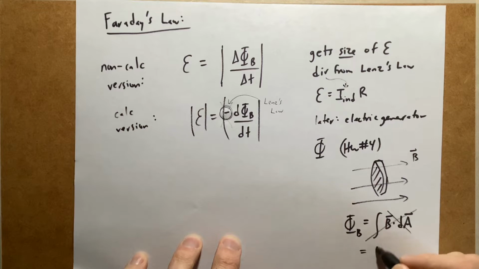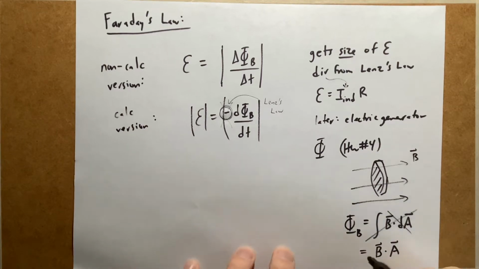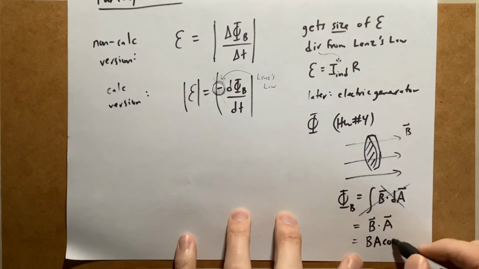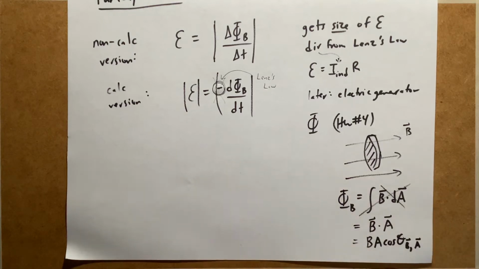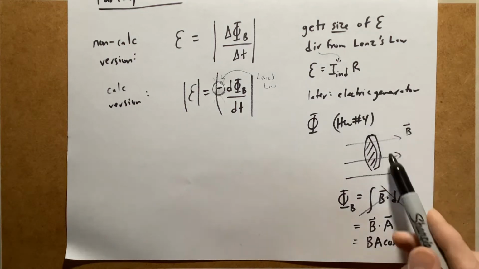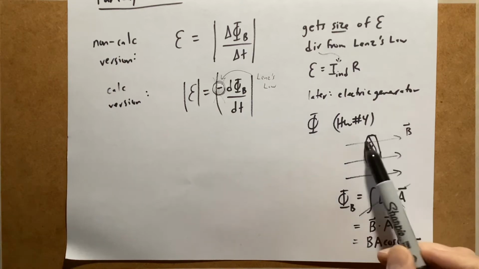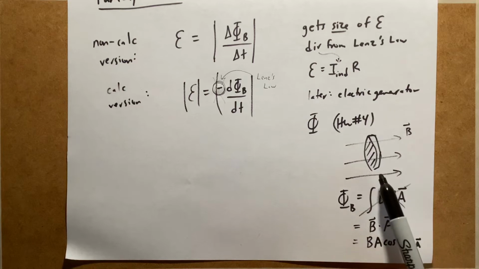We're just going to use good old B dot A, which is B A cosine of the angle between B and A. So we're going to assume that the magnetic field is uniform across the entire area and has a nice consistent relationship with the area vector.